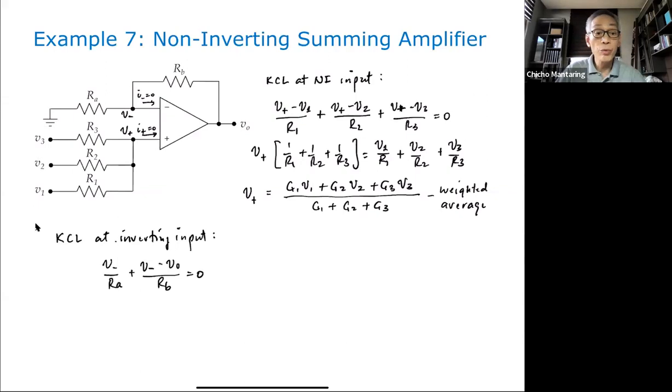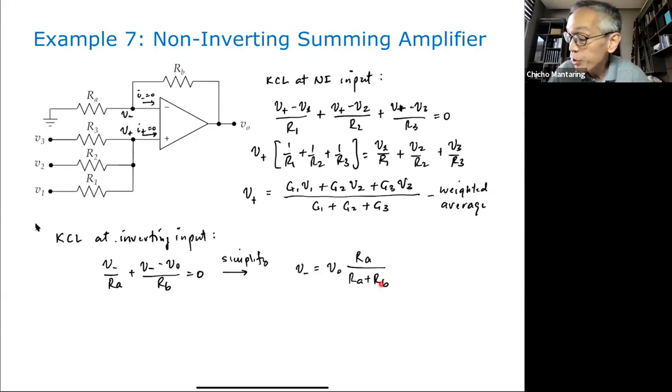That should be equal to 0. So you have this current plus this current equal to 0, because the current I minus is equal to 0. And if I simplify this, what am I going to get? I'm going to get V minus is just VO times RA over RA plus RB. What does this look like? What equation does this look like?